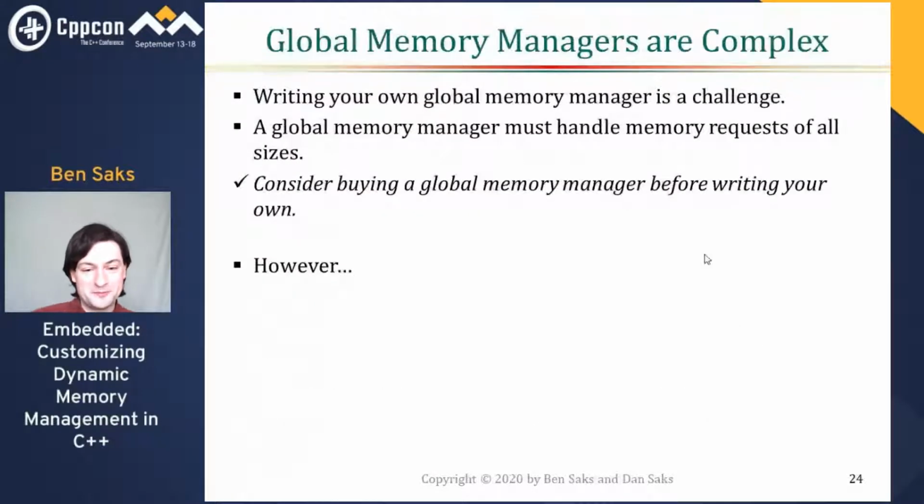All right, so replacing those global operator new and operator delete is what you would need to do if you wanted to write a general purpose memory manager that could handle memory requests across the whole program. You can do that, but it is kind of a challenging thing to do, and also have it fit within the performance requirements that we have for embedded systems, because it needs to be able to handle memory requests of all kinds of different sizes.